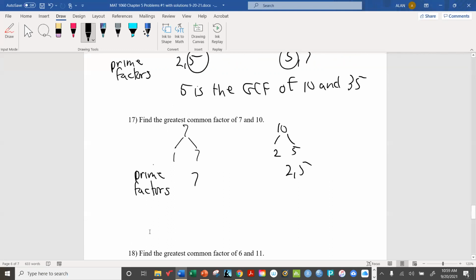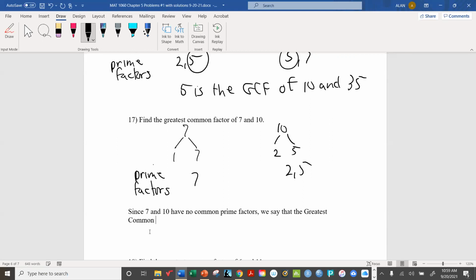So this is another strange case. Since 7 and 10 have no common prime factors, we say that the greatest common factor of 7 and 10 is 1. Okay, in other words, we will define this case to be 1.